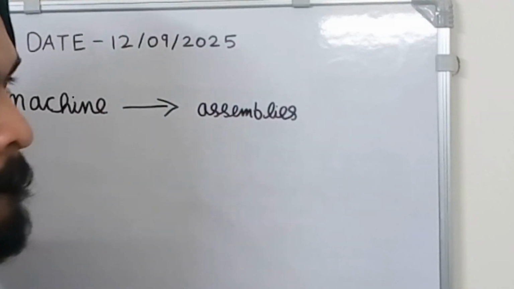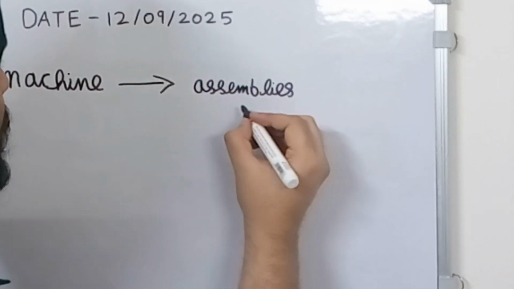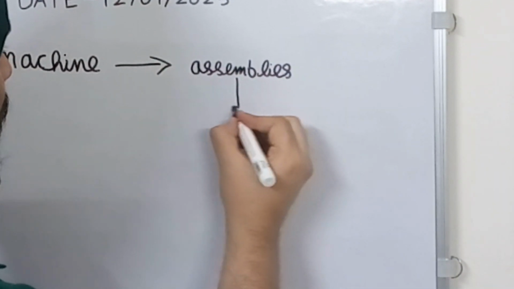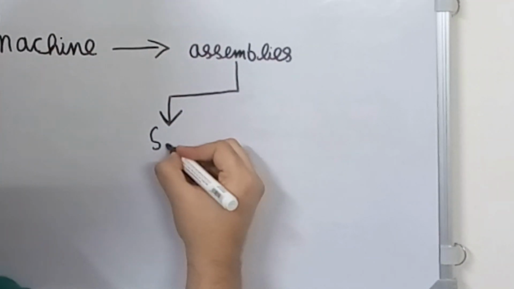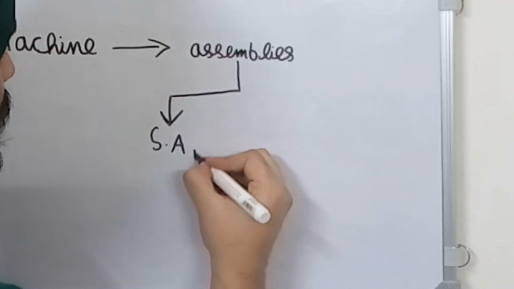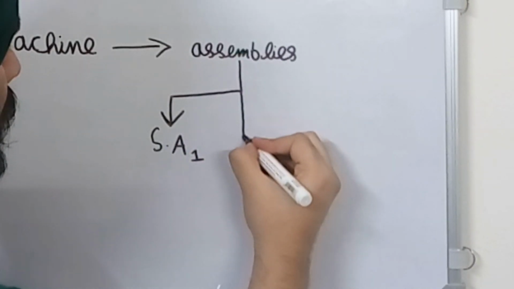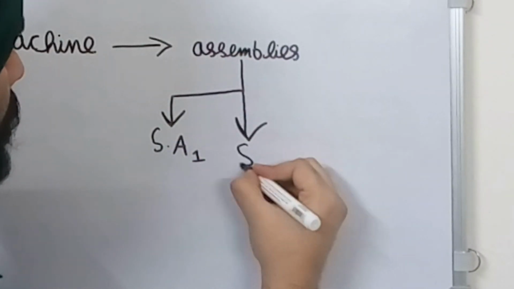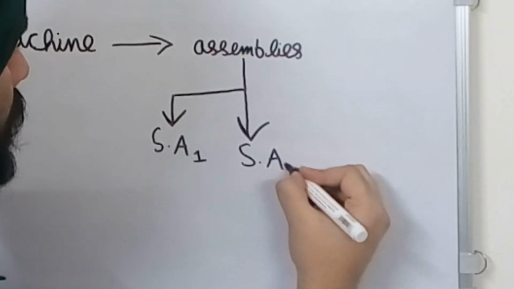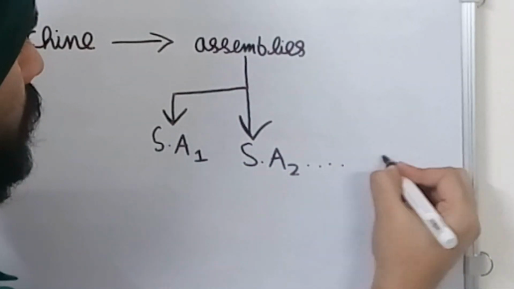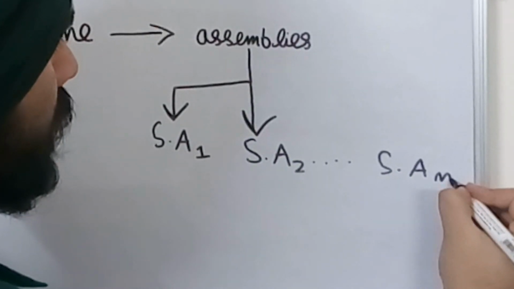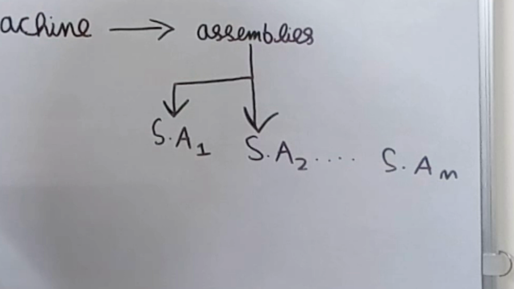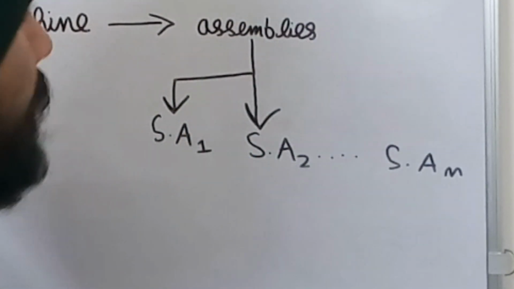Okay, and now these assemblies would have, for suppose, sub-assemblies. So there are n number of sub-assemblies depending upon how complex our machine is.